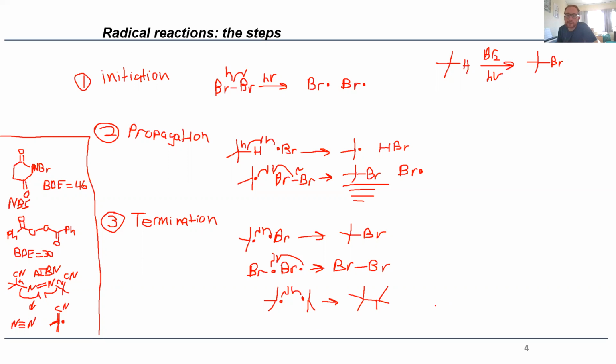Now, in designing radical reactions, part of the nuance is that radicals are typically formed in very low concentrations. As we shine light on this reaction, we choose a wavelength that can give us the desired breaking of the bond, but we don't want it to happen so fast, right?